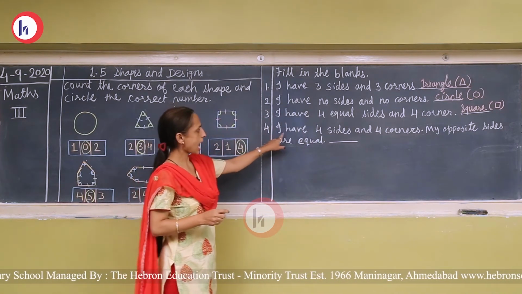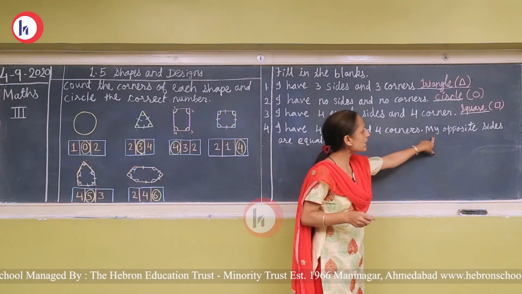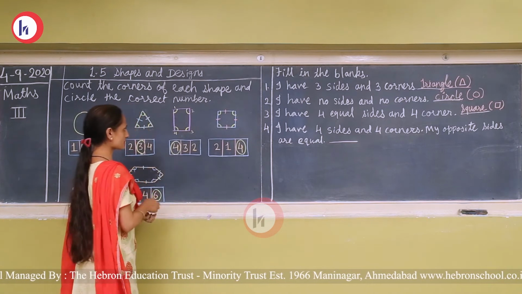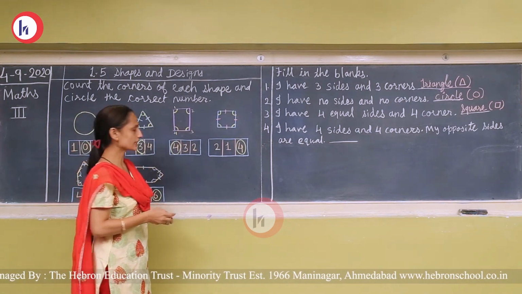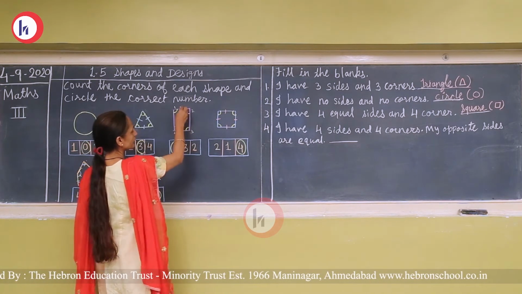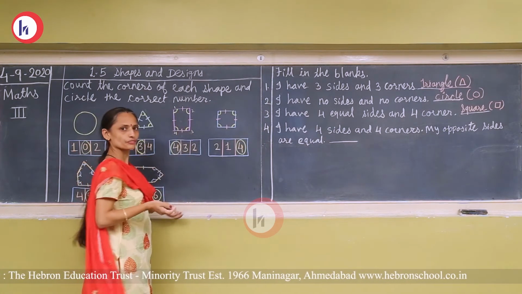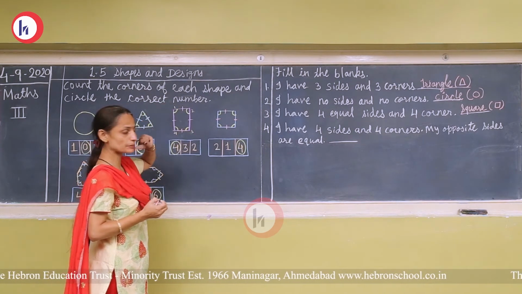Now next, I have 4 sides and 4 corners. My opposite sides are equal. See here. Now which shape? Rectangle, because see, rectangle has 4 corners and sides 1, 2, 3 and 4. 4 sides, and here opposite sides are equal, that I have explained to you.